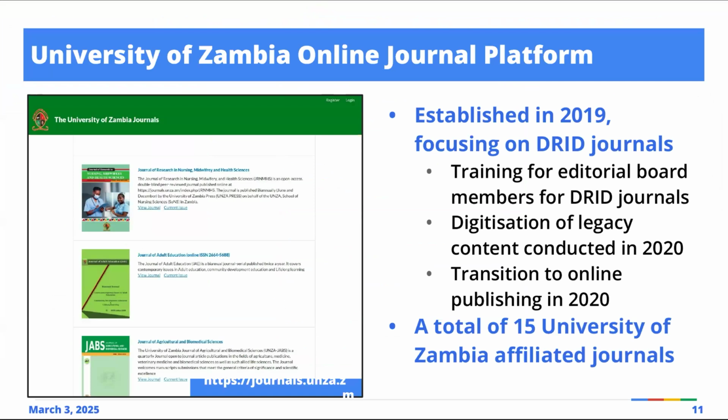In addition, because there was a backlog of paper-based journal issues, a project was initiated to digitize these historical issues. In the year 2020, we spent most of the year digitizing and uploading this content on the online journal platform.